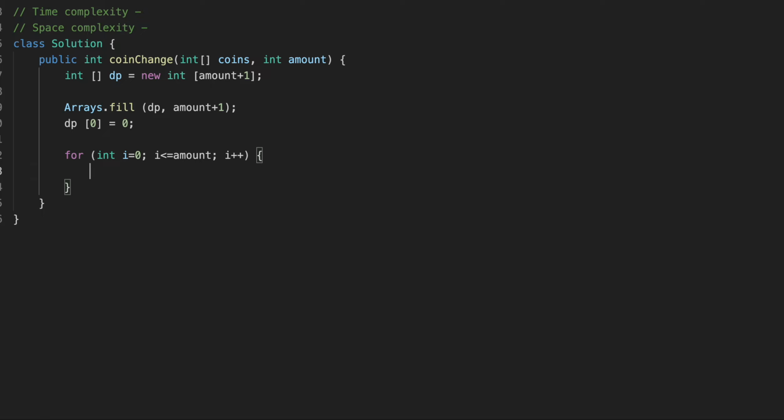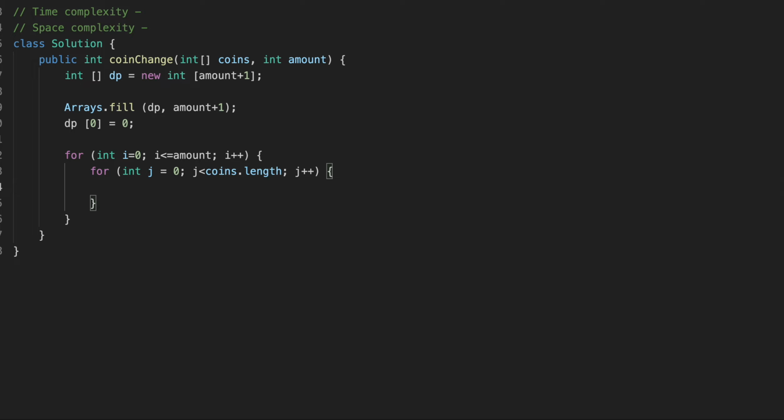And now let's consider every coin that we have. For that, let's use j equals 0, j is less than coins length, and we increment j.